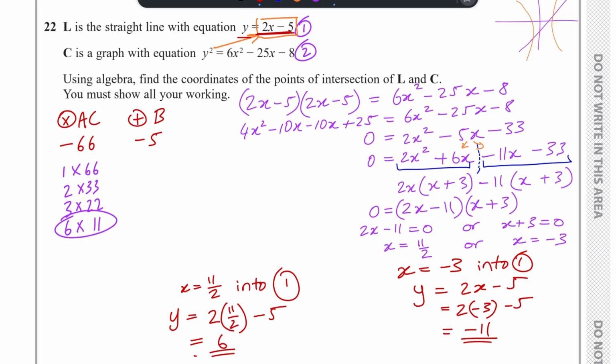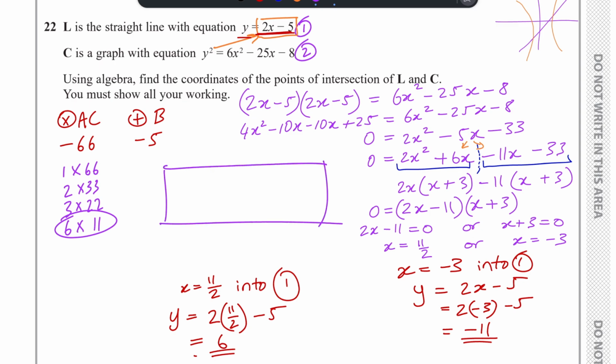So our solutions here are x equals 11 over 2 and y equals 6, and x equals negative 3 and y equals negative 11. So we need to write these as answers at the bottom of the answer space, but I'm just going to write them in this box here.